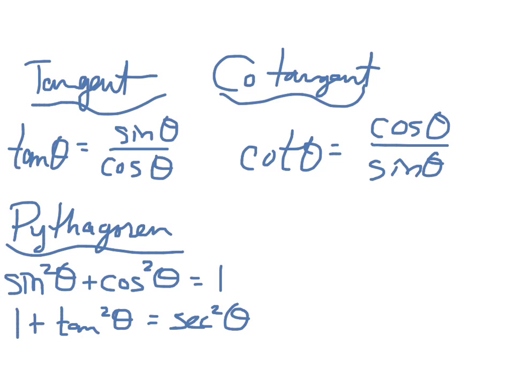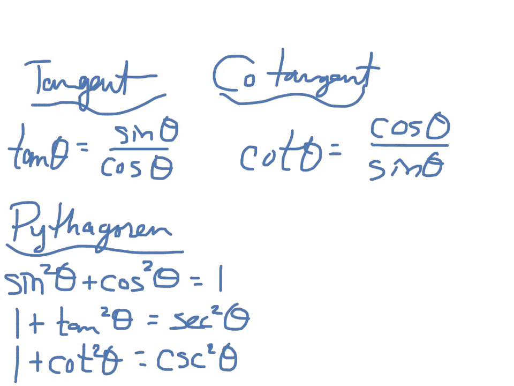And the last one says 1 plus the cotangent squared theta equals, anybody have any idea? Cosecant, because that's the only one we have not had in there yet.